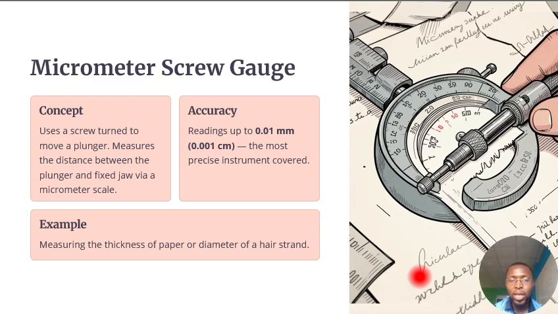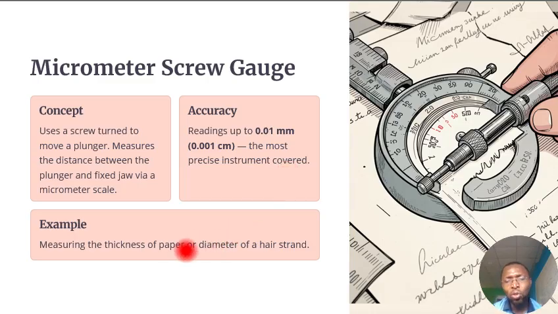But our concern is we need to know the reading accuracy. The reading accuracy for the micrometer screw gauge is 0.01 millimeters, or in centimeters it is 0.001 centimeters. And the micrometer screw gauge is the most precise instrument that can give you a precise measurement.